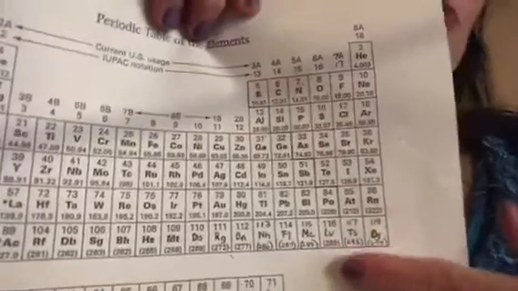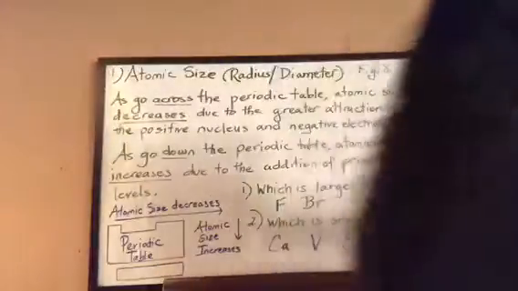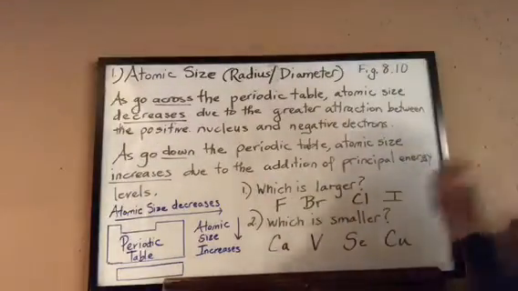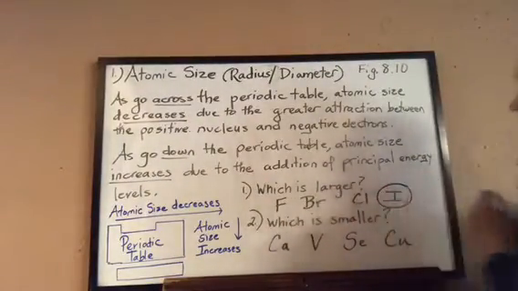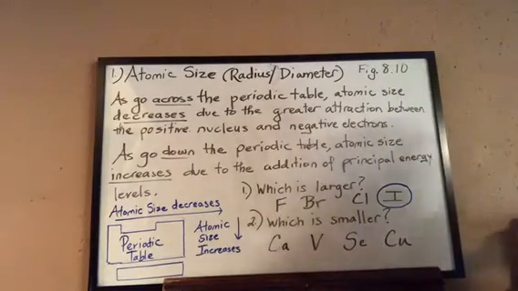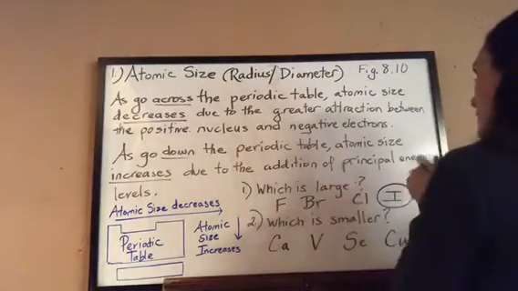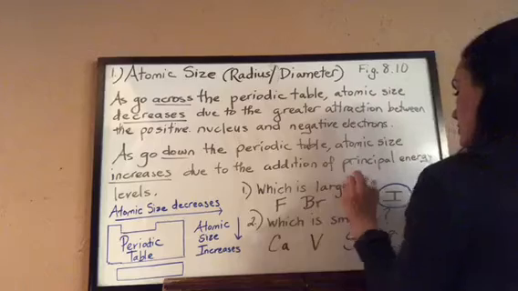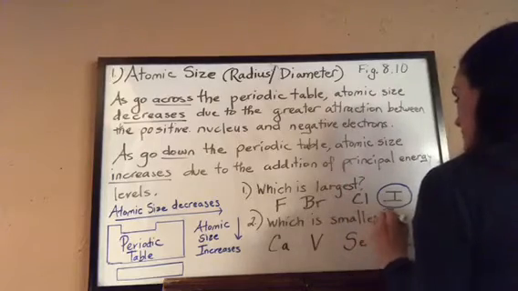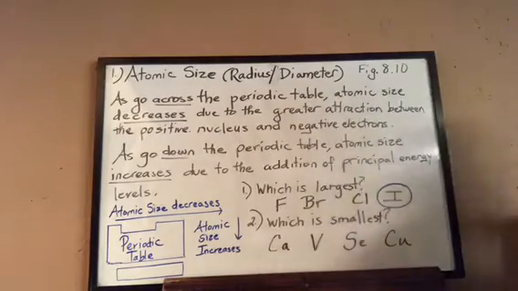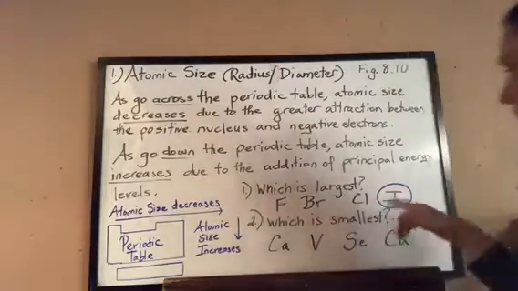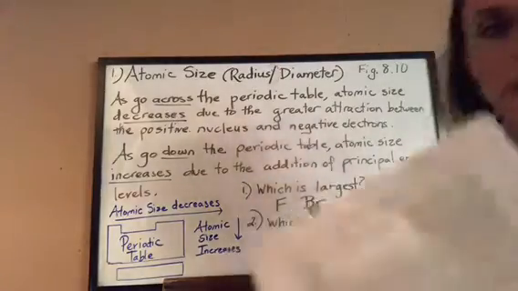Which one of those four is at the bottom? Iodine. So iodine would be the largest out of these four. I should say which is largest, because we're comparing more than two. Let me correct my grammar there. So iodine would be the largest.